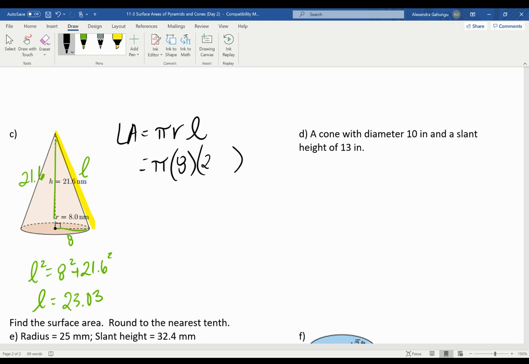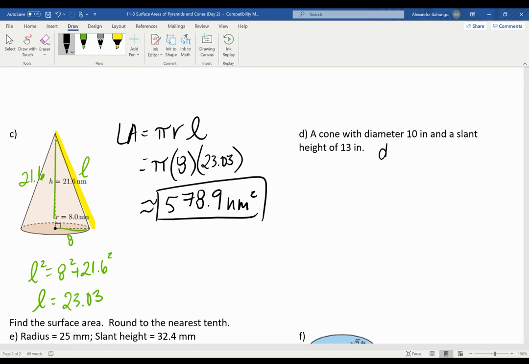But if you write 23.03 and that's what you put in, that's okay as well. And we want our approximate answer, 0.9 and then squared.